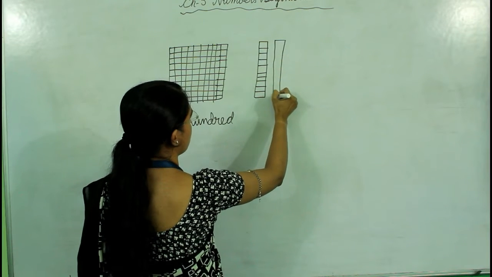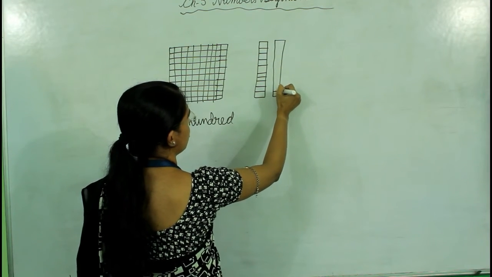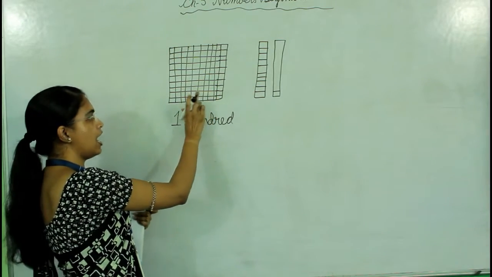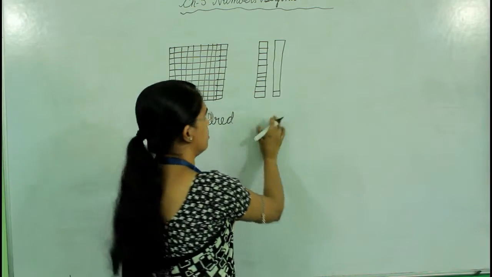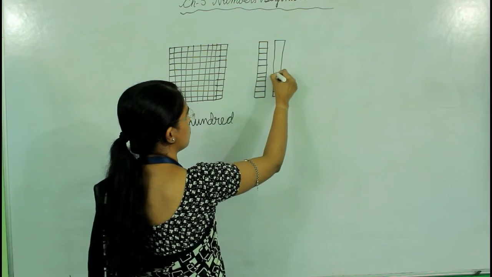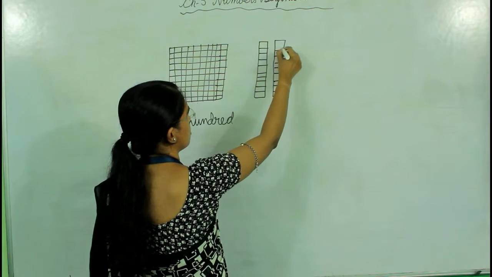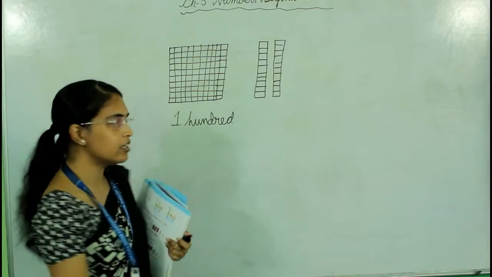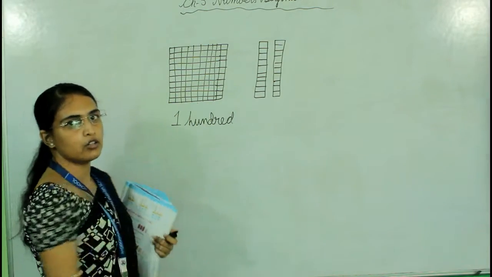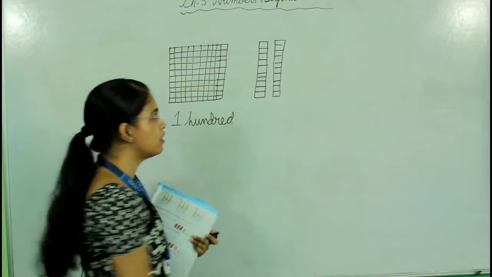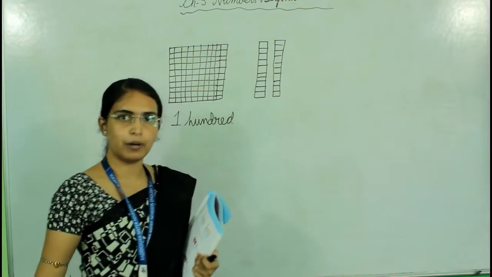This is the block of 10, or group of 10. This is the group of 100 and this is the group of 10. So how many 10s? Let's count. Here I have only one group of 100, and how many groups of 10 do I have? 1, 2. Two groups of 10.